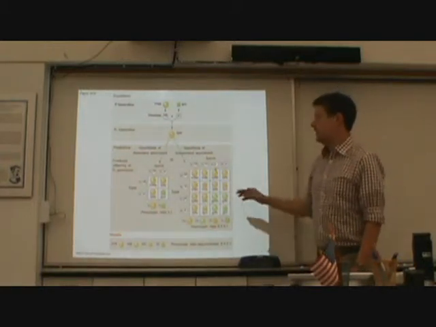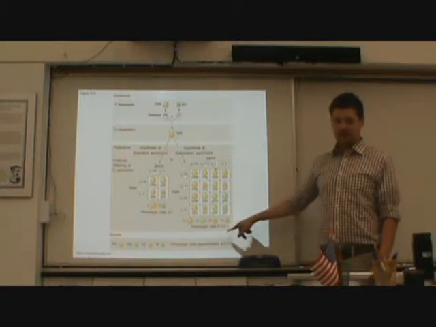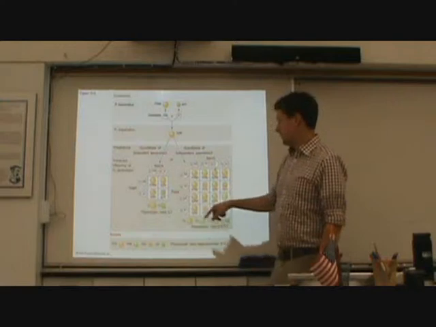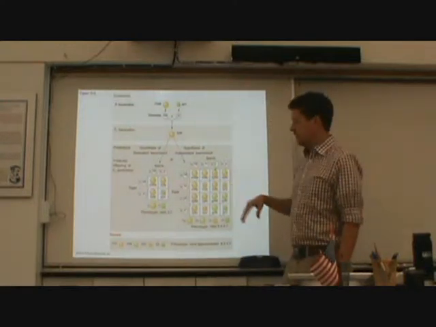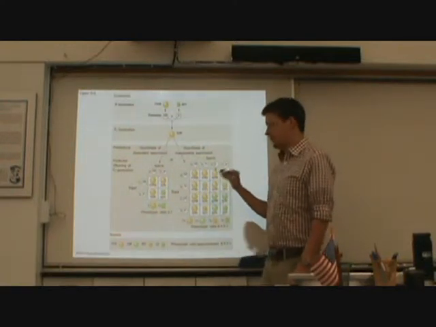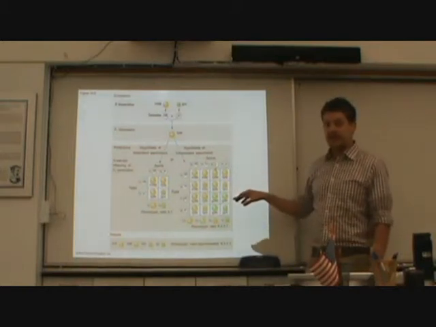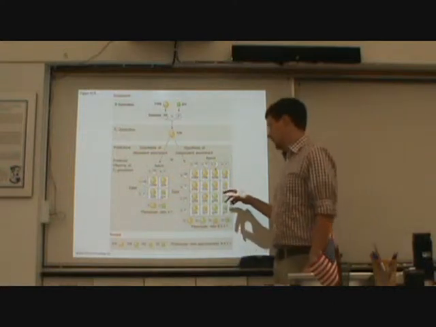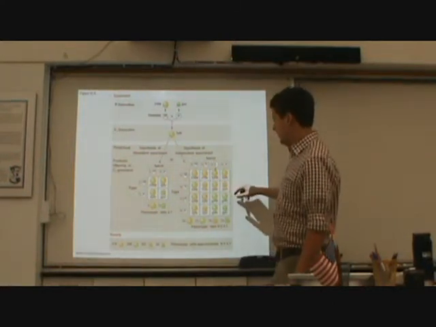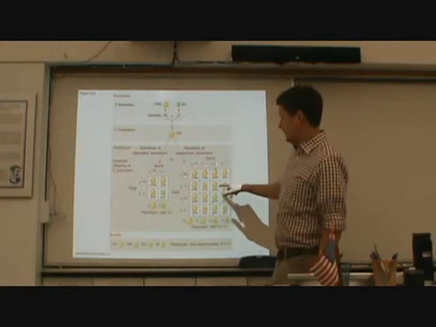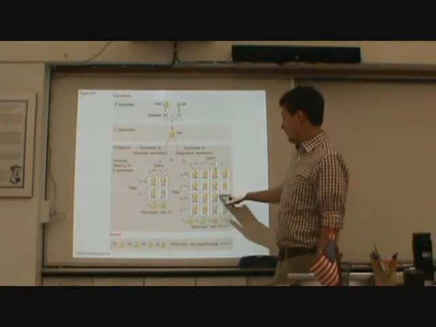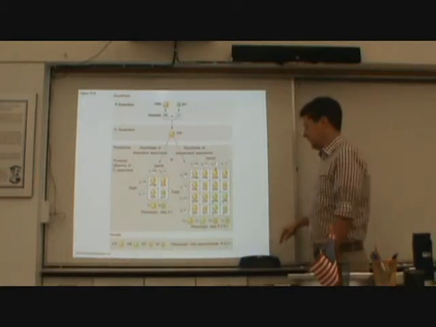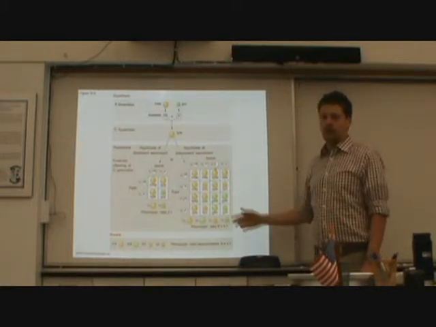So the ratio for this one was 9 to 3 to 3 to 1. You can see you have 9 of these yellow round ones. Both of those are dominant traits, and so the individuals that are heterozygous for either of those alleles are going to be showing the dominant trait. And you got 3 of these yellow wrinkled ones, 3 of the green round ones, and 1 of the green wrinkled ones.